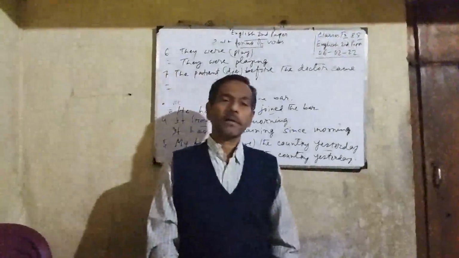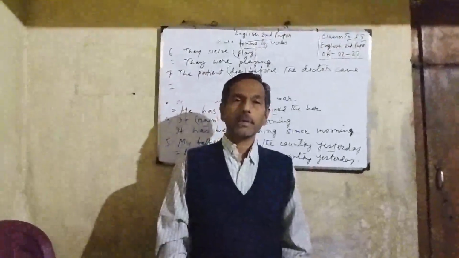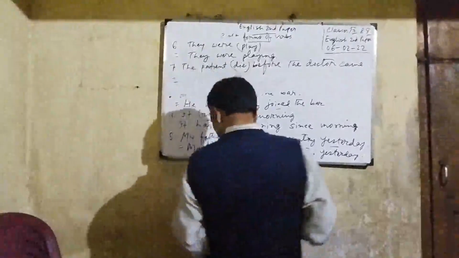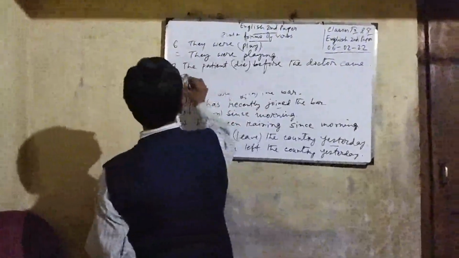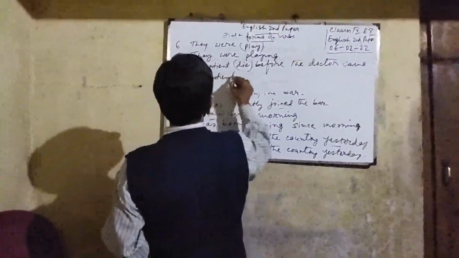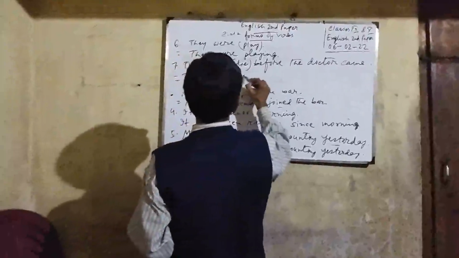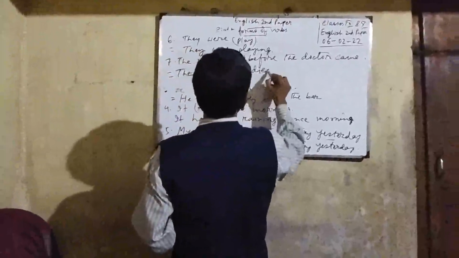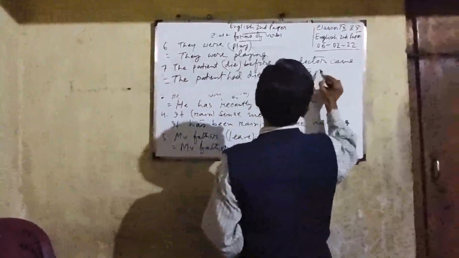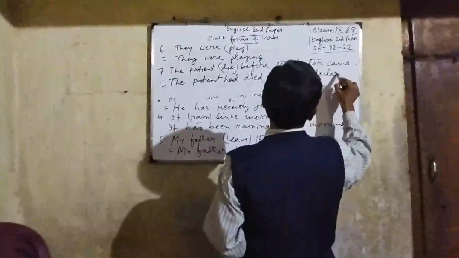The structure of past perfect tense is subject, had, and past participle form of the verb. So we'll write here: the patient had died before the doctor came.